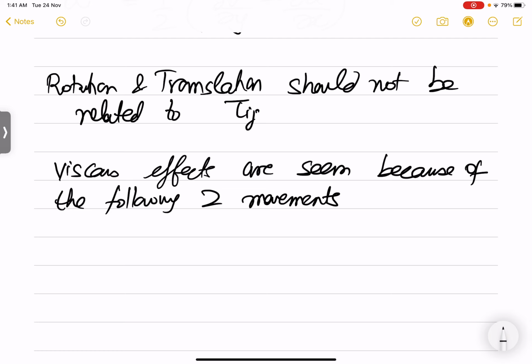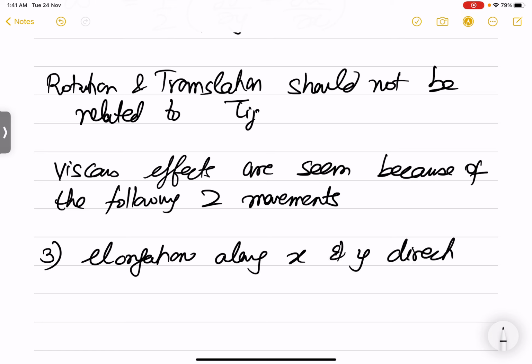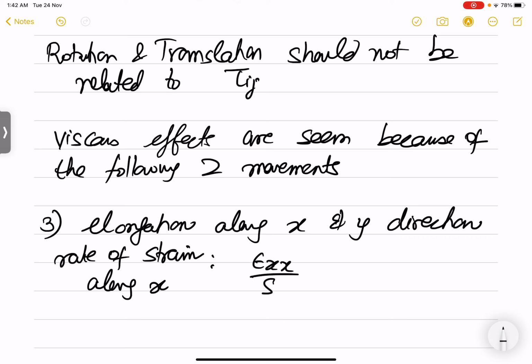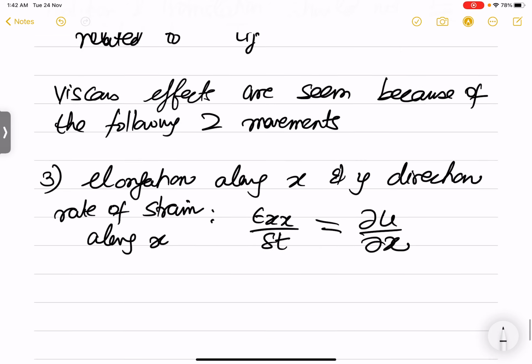The first movement, which is the third step in the superposition, we have superposed two, and the third one is elongation along x and y direction. And the rate of strain along x, we had seen this will be equal to epsilon xx by delta t, and the rate of strain along x turns out to be partial u by partial x.